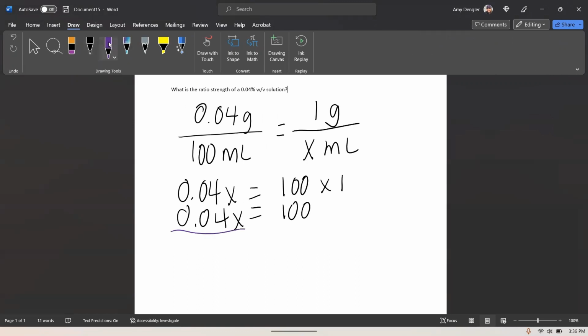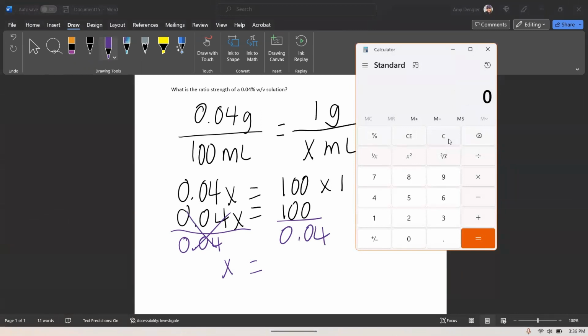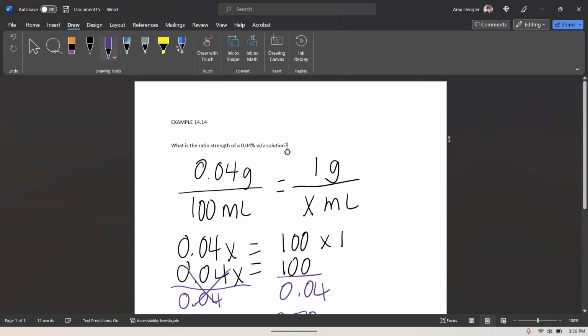We want to get rid of that, so 0.04 divided by 0.04 brings our x alone. And then we just need to divide 100 by 0.04, which is 2,500. So our ratio strength is, and this is 2,500 ml, so 1 to 2,500.